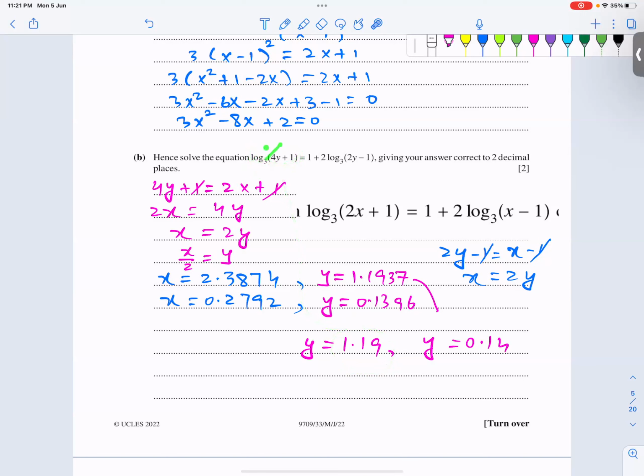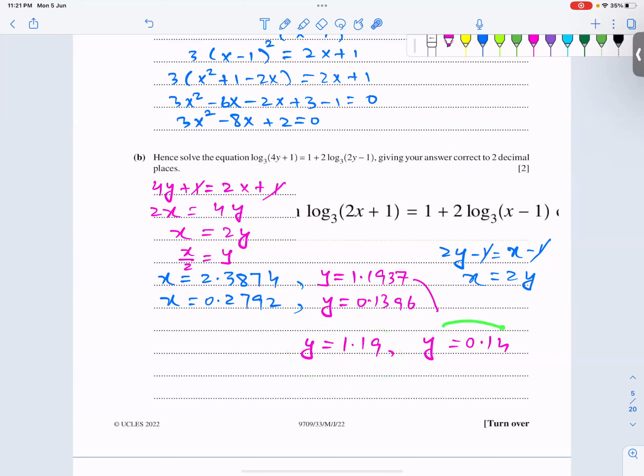So this part is okay. But when you put this here in place of y, you will have 1.19 minus 1, so this will be like 2.8 minus 1. So this will also be positive. So y is equal to 1.19 is acceptable for both, so this is the acceptable answer.